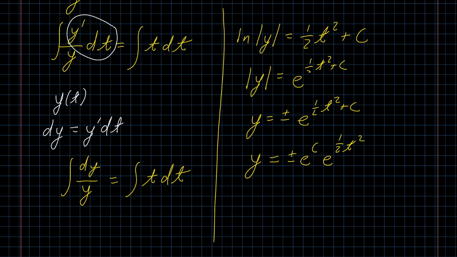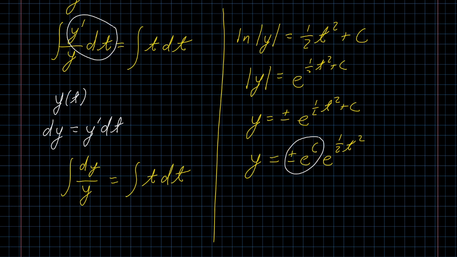Right? The product rule of exponents says when you're multiplying like bases, you add the exponents. So I haven't changed anything, but I have given us a very interesting target right here.